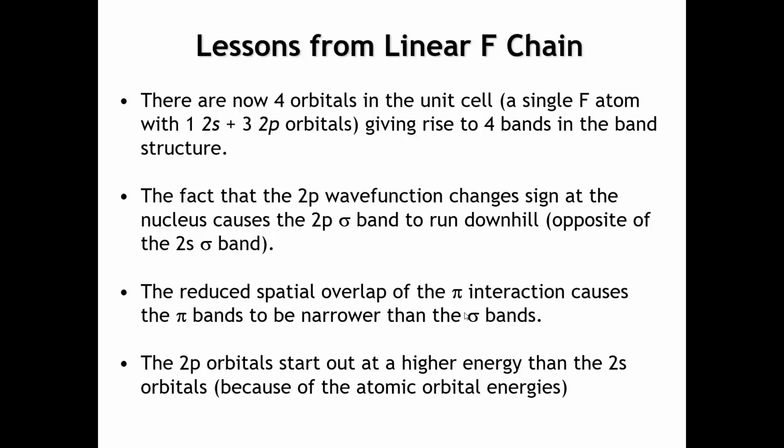We see that the pi bands, for the 2px and the 2py, are more narrow than the sigma bands because the overlap is less. And then finally, we also have to take into account the fact that the atomic orbital energy of the 2s is quite a bit below that of the 2p. And so that also plays a role in deriving our band structure.